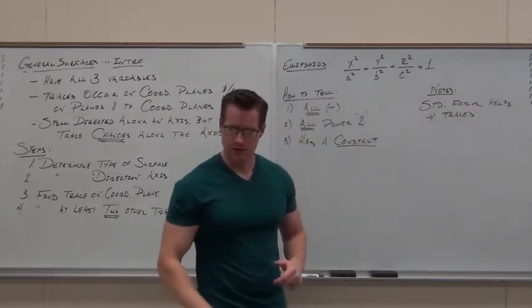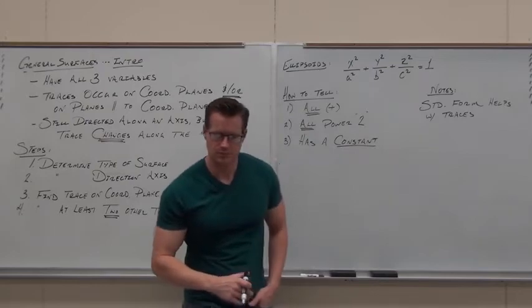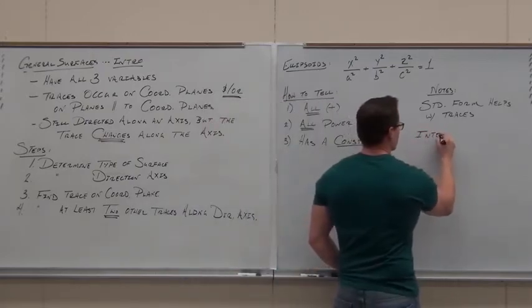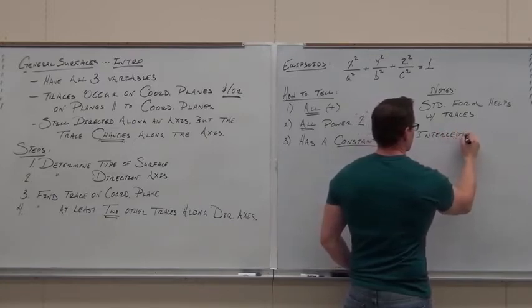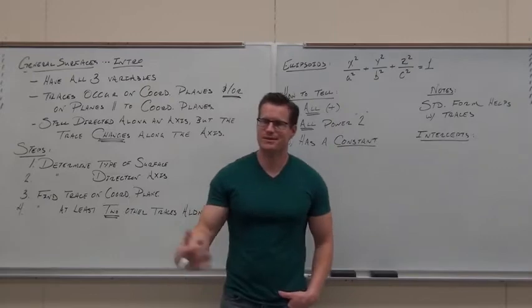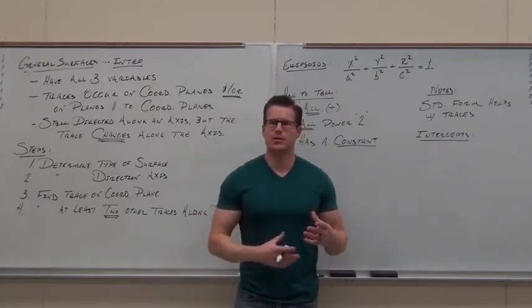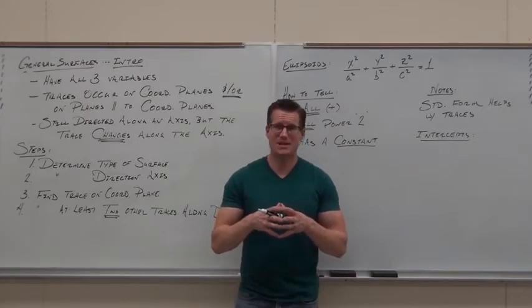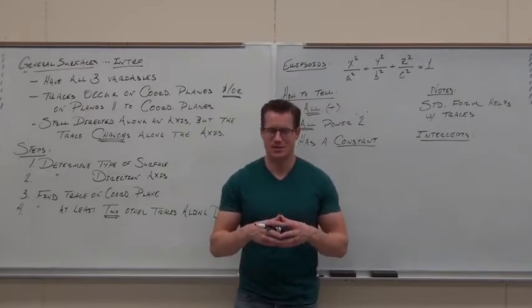And the last thing before we try our example: ellipsoids are basically an ellipse in 3D, which means that we can really easily find our intercepts.